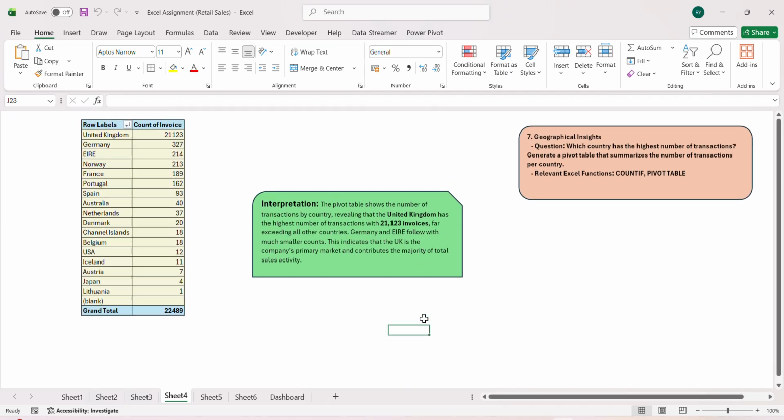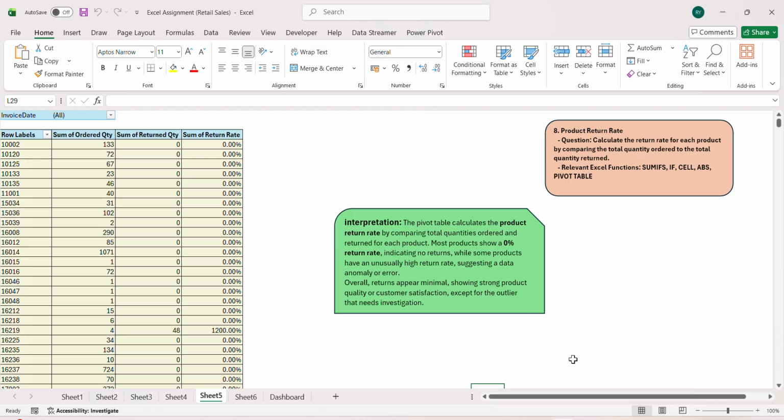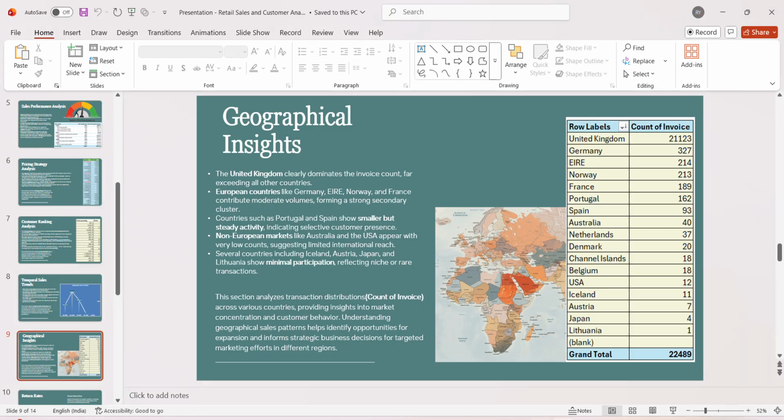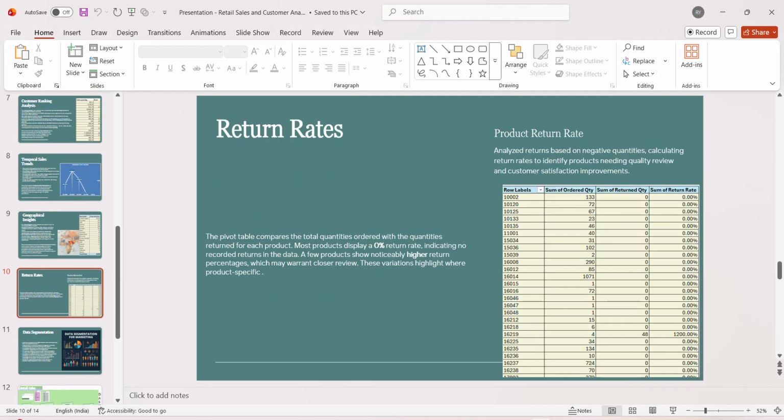Let's continue. The next question is product return rate. We need the return rate of each product by comparing the total quantity ordered to the total quantity returned. In this, the pivot table compares the total quantities ordered with the quantities returned for each product.